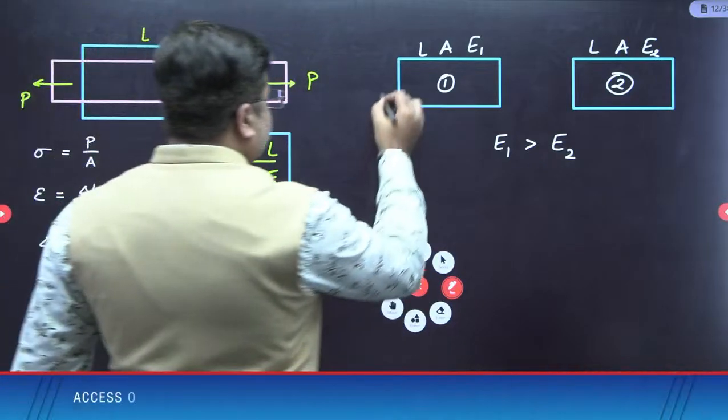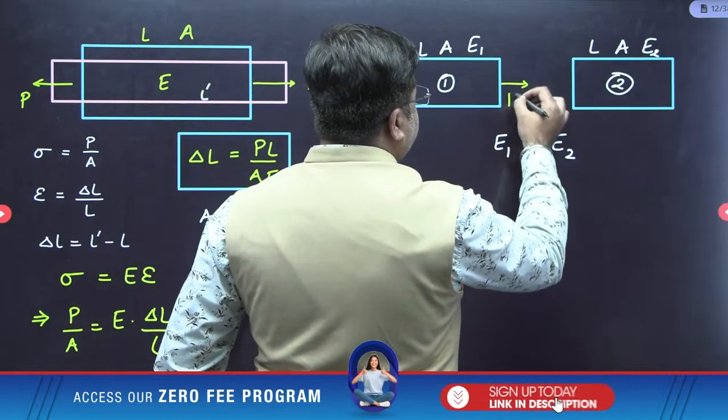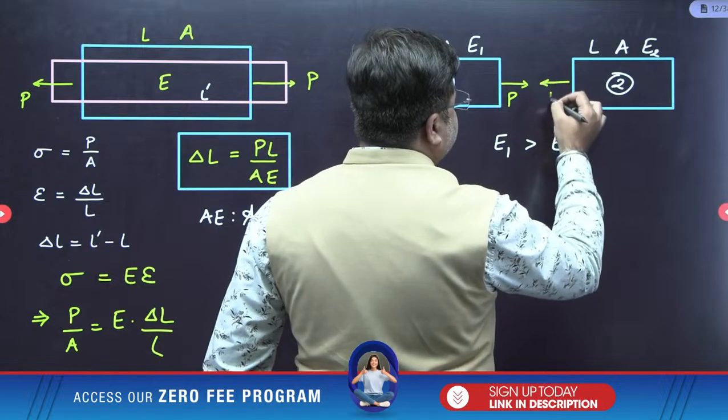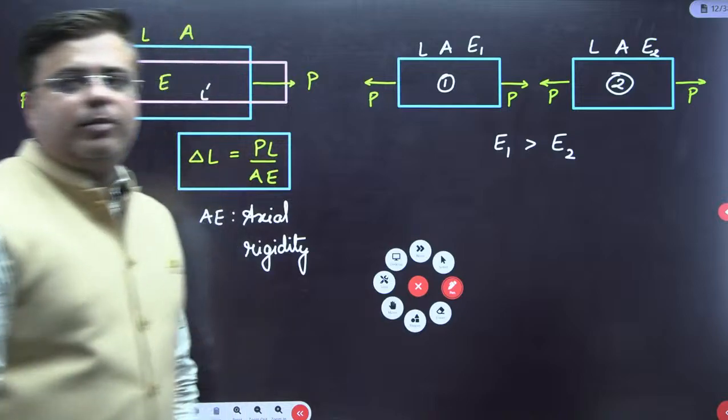Now, if the same amount of axial load is applied over both the materials, which material will undergo more deformation? Material 1 or material 2?